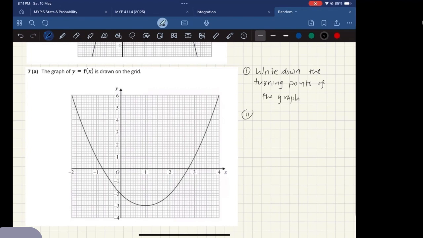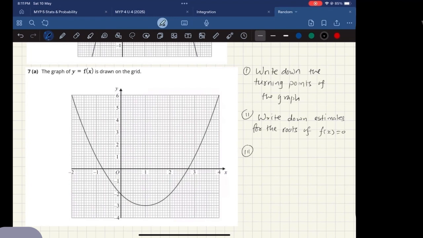Second one, write down estimates for the roots of f(x) equal to 0.